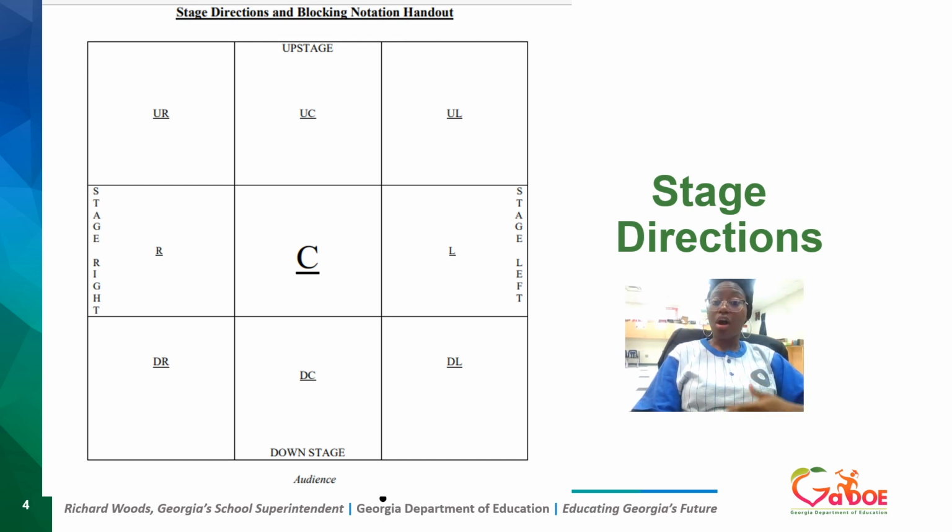If you are standing on the left side of the stage, but you are furthest away from the audience, that is referred to as the upstage left corner. Then, of course, we have center stage, downstage center, upstage center, upstage right, center right, and downstage right.